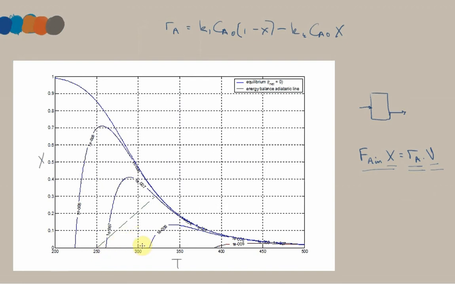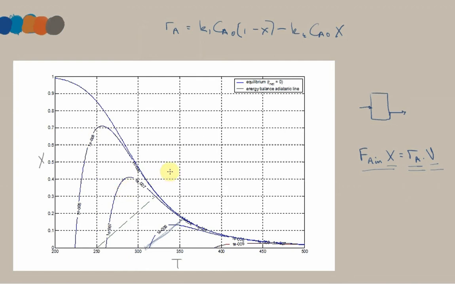You normally think about a stream that's available around 300 or 320 Kelvin. So that's normally a starting point. But if you take that case, you can see that our operating line is going to have the same slope. If you look at the energy balance, it's a line like this. And in this case, we achieve an even smaller overall conversion. So there appears to be an issue with us trying to achieve higher conversions.